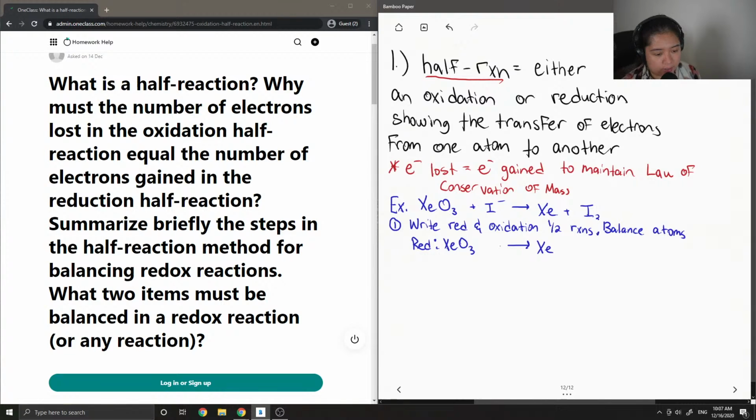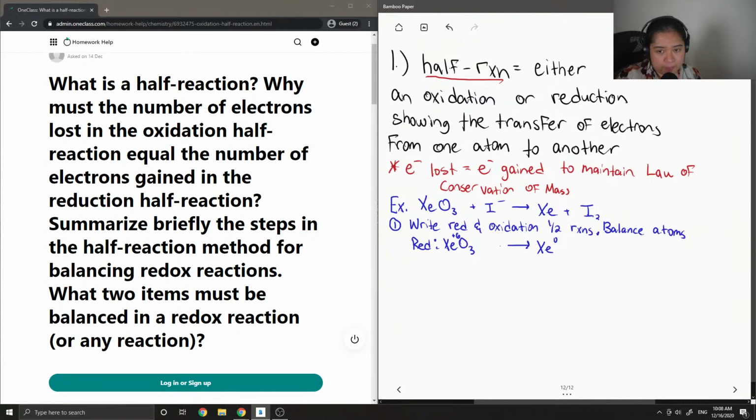You can see it goes from an oxidation number of, sorry, +6, because each oxygen has a -2 charge and there are 3 of them, to 0. Because its oxidation number decreased, this is what got reduced.